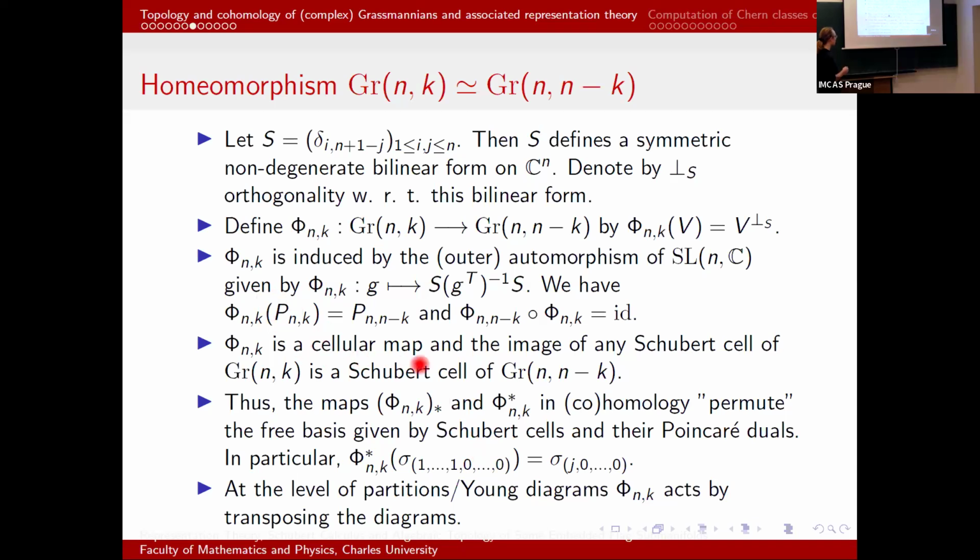The map phi nk is cellular, and it actually maps any Schubert cell of Gr nk bijectively to a Schubert cell of Gr n, n minus k, which can be easily checked just by computing the kernel of the matrix representing the given Schubert cell, finding the natural basis of the kernel, and then aligning it into a matrix.